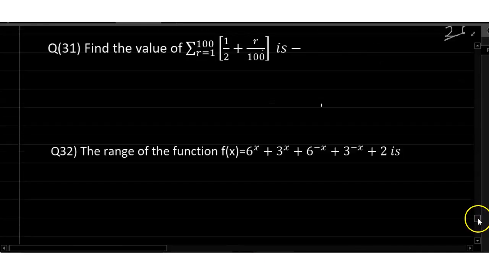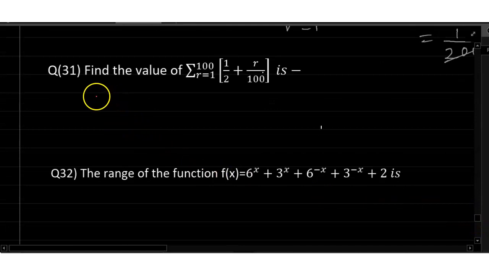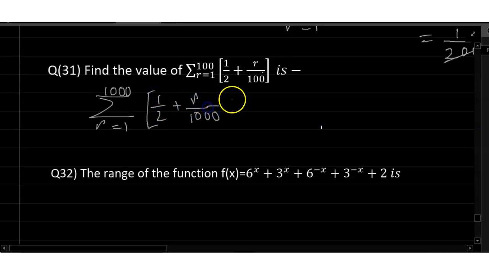Next we go to solve this problem: summation r equals 1 to 1000 of floor of half plus r divided by 1000. So friends, how can we solve this problem?